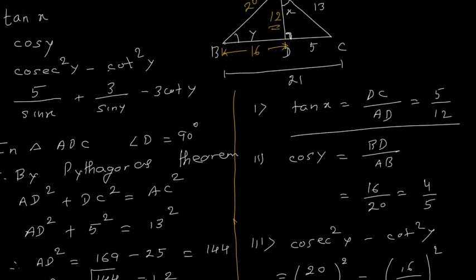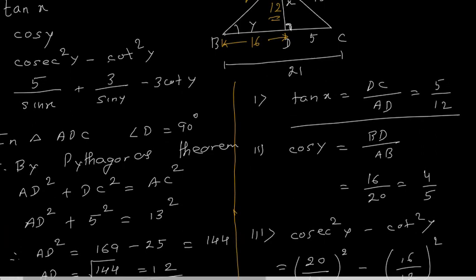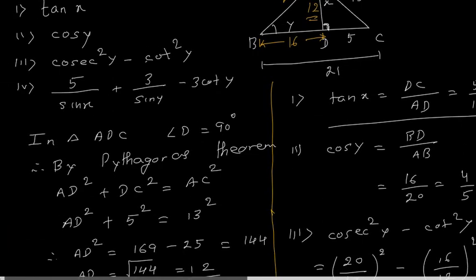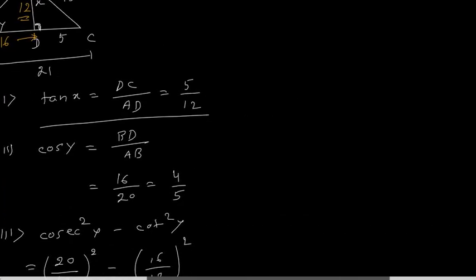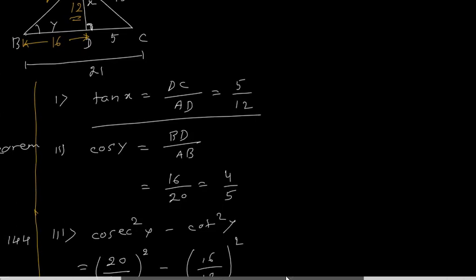And finally the problem is 5 upon sin x plus 3 upon sin y minus 3 cot y. Okay, so let us write the problem here. I will solve that part here.